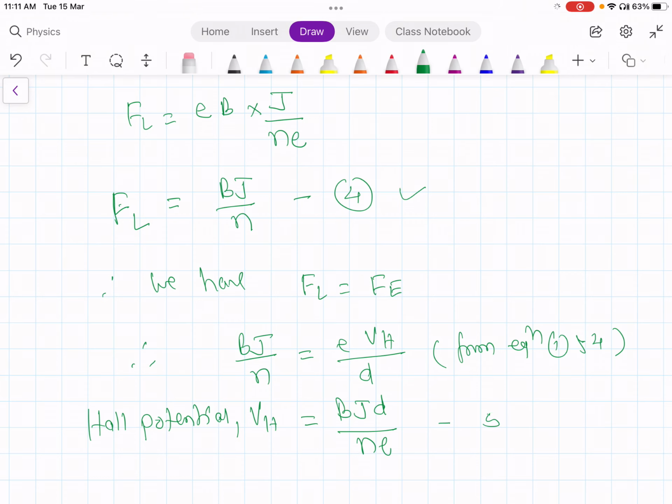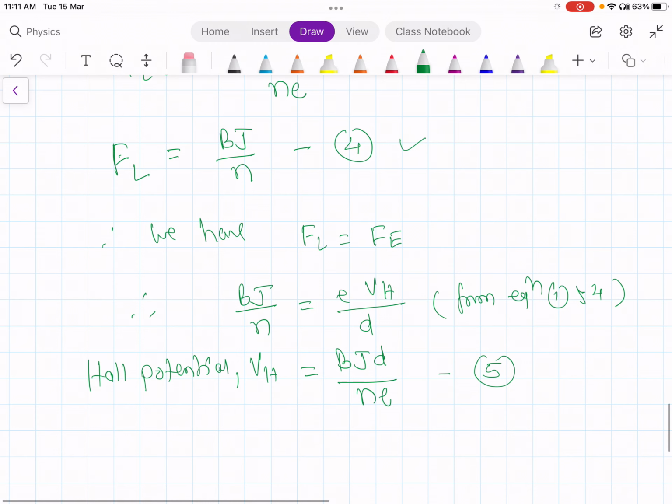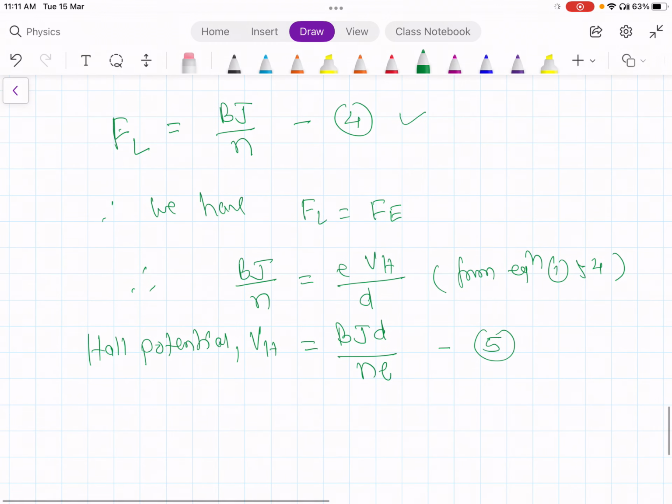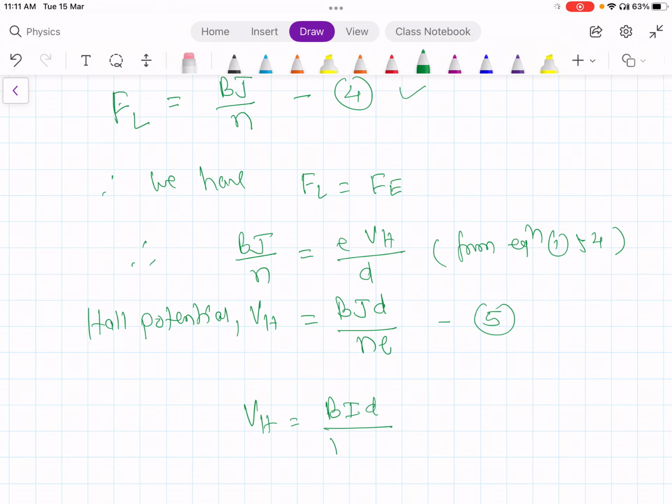Let's say this is equation 5. This we can further write as VH equals B I d upon N e A. This is equation 6, since J equals I upon A.